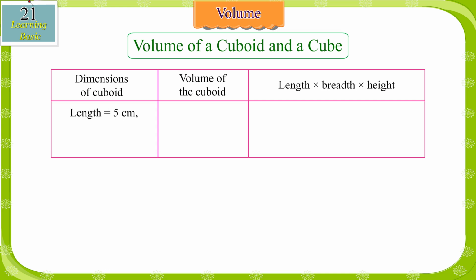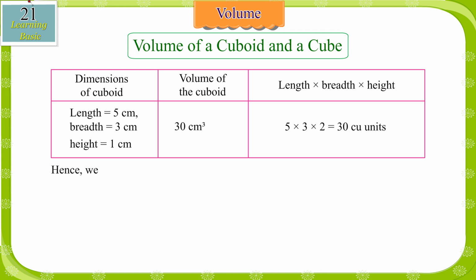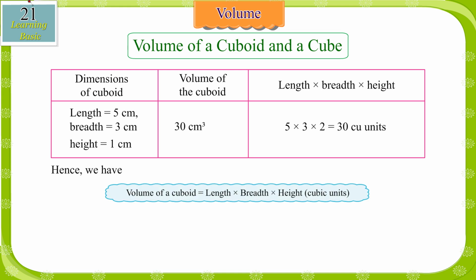Length is equal to 5 centimeter, breadth is equal to 3 centimeter, height is equal to 2 centimeter, volume is 5 into 3 into 2 is equal to 30 cubic units. Hence we have volume of a cuboid is equal to length into breadth into height cubic units.